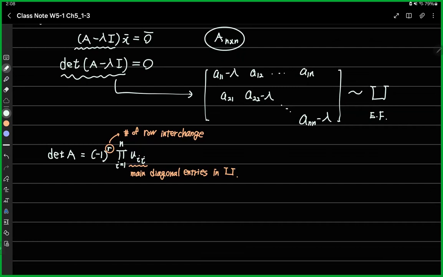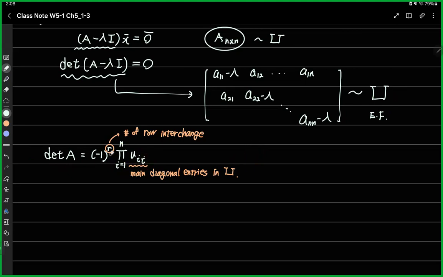If we row reduce the matrix A minus lambda I, we get the upper triangular echelon form. Or simply, let's say U is the echelon form of matrix A. Then we can say the determinant of A is equal to (-1) to the r power times the product, where pi is the product and sigma is the summation, of U sub i for i from 1 through n.